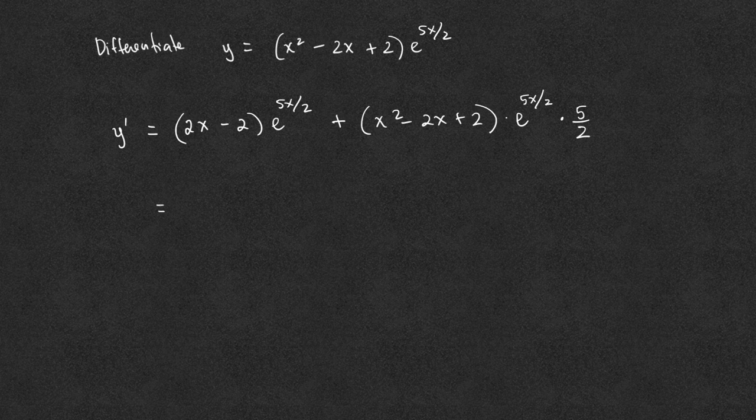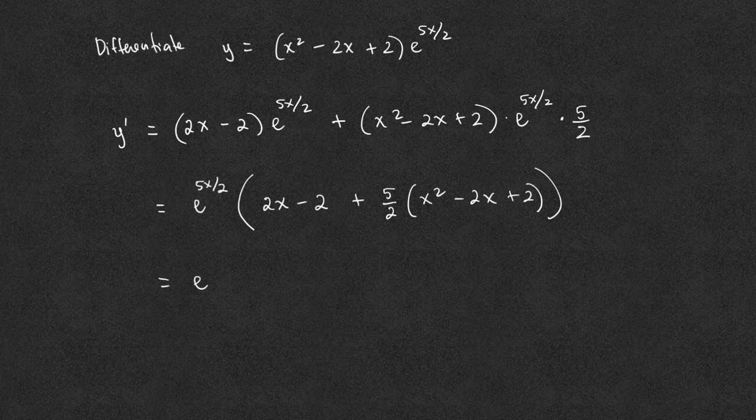We see that there is a factor of e to the 5x over 2, and so we would factor it out. Inside, we end up with 2x minus 2 plus 5 over 2 times the quantity x squared minus 2x plus 2.